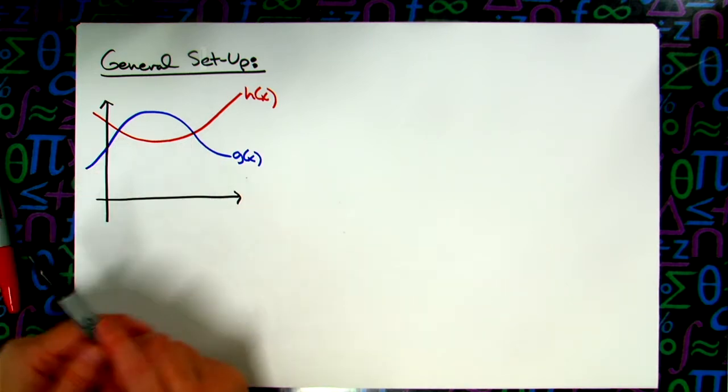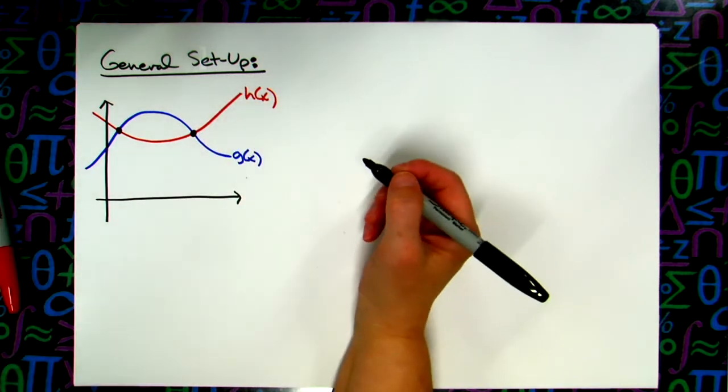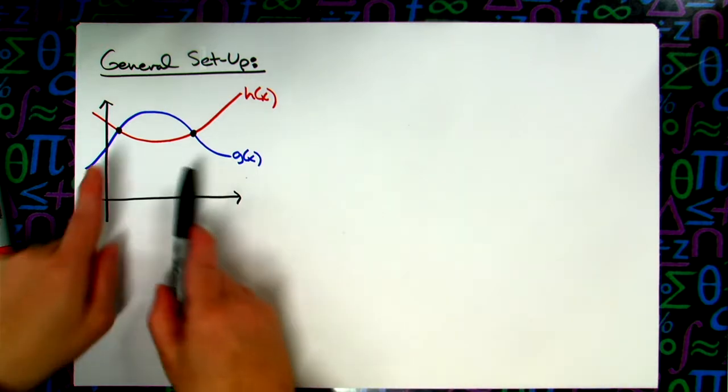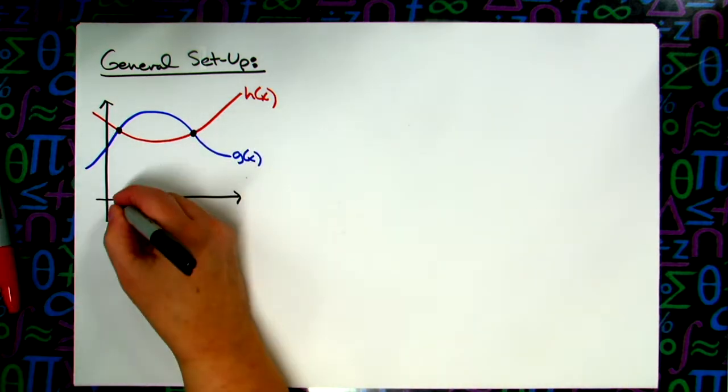All right, so there's an intersection point, there's an intersection point, and most of the times we will. But technically, if I wanted to find the area, I could pick any given interval. Okay, it wouldn't have to be those intersection points. All right, but let's say it is.